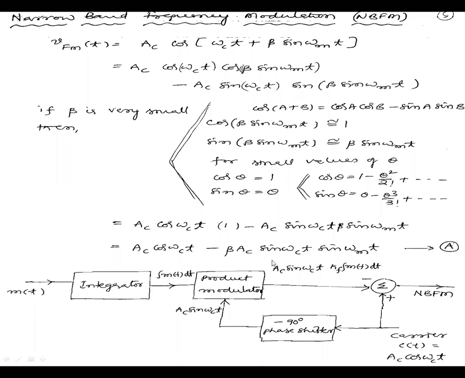Now when beta is far less than 1, that is known as narrowband FM. Here the m of t signal is given to an integrator, and the integral of m of t is given to a product modulator.